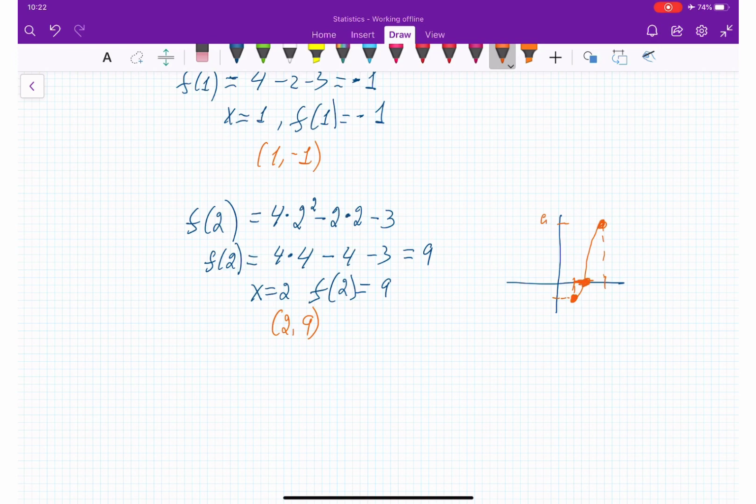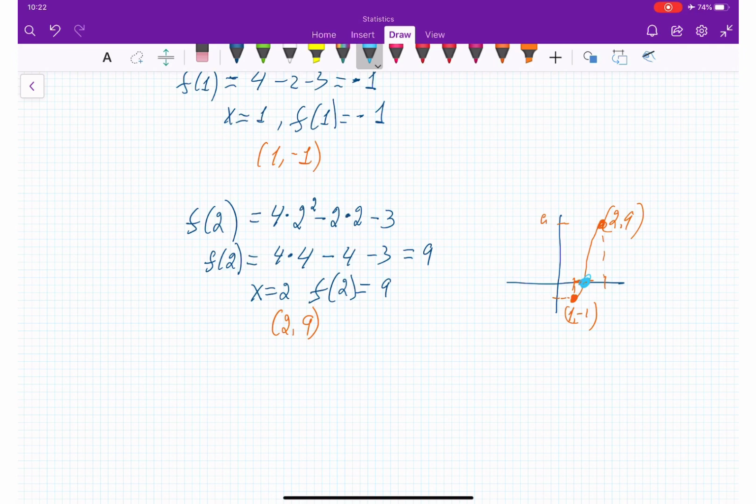Right? So therefore, we can say that there is a real 0 between these 2 points. This is the 1 and negative 1 point, and this is 2 and 9. So between these 2 points, there is a value of real 0. Here it is, 0 value. Algebraically, this is on the graph.